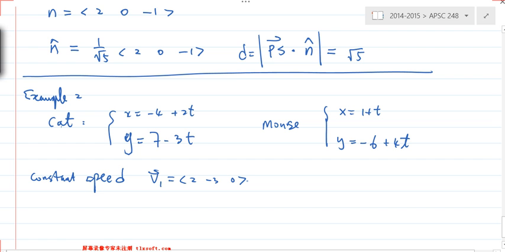That's the cat. Is that okay? So that's the velocity. And for the mouse, we're just going to take this one in here. 1, 4, 0. So the question here is, will Tom catch Jerry?